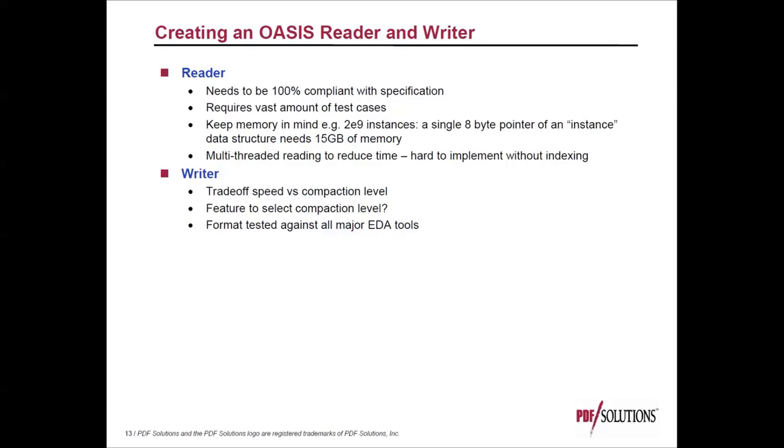For the writer, there's clearly a big trade-off between the writing speed and the compaction level you can achieve. So the more time you spend to find repetitions, for instance, the more compact your file will get. It would be for sure nice to have kind of a slider, and I've seen this with one tool, where you have a slider which says this is the compaction level you want to achieve, and so it just takes longer, so you are aware of, okay, I trade off speed versus compaction level, but I'm in charge of it.